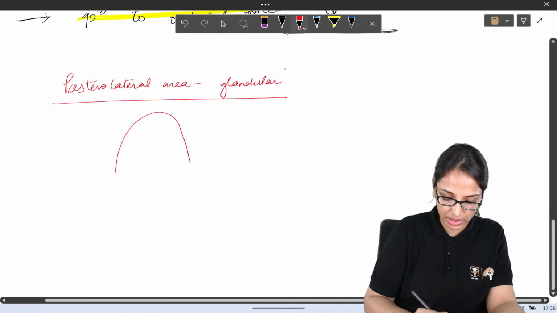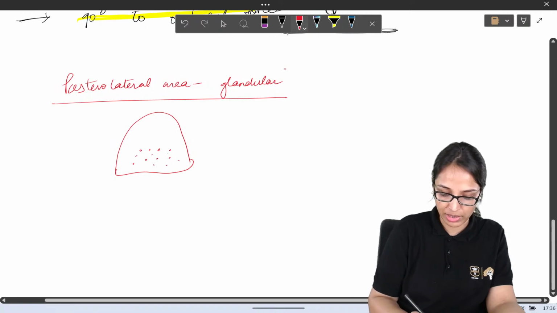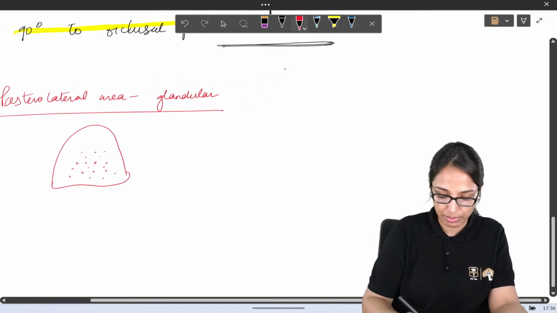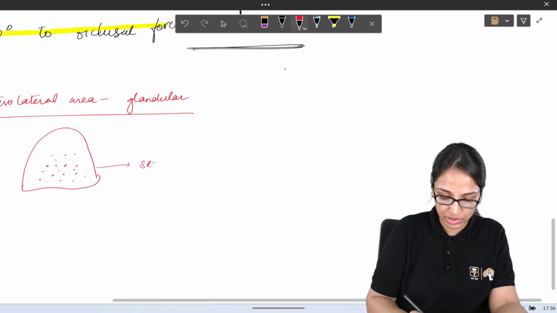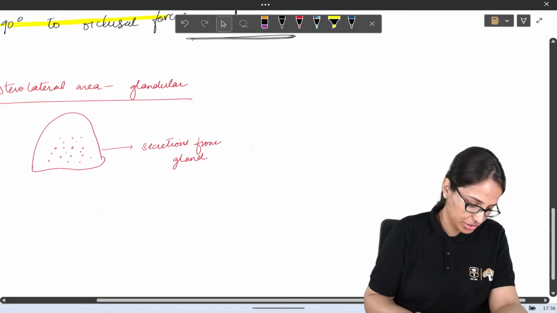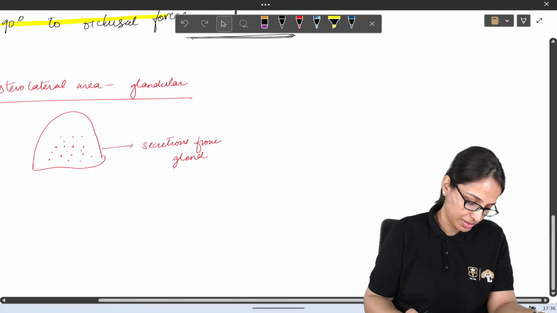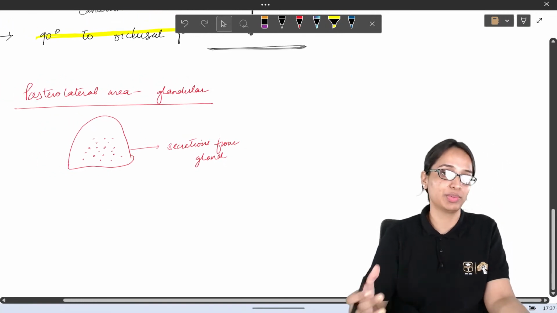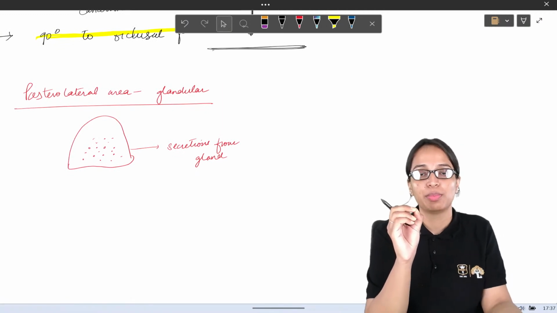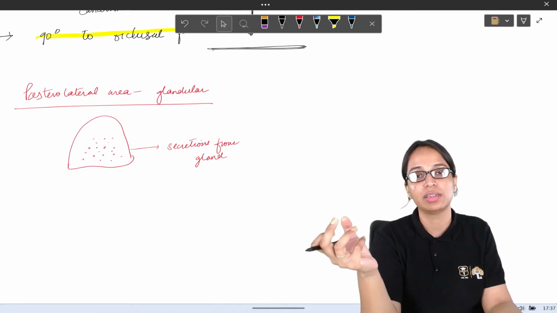If we see a maxillary impression, sometimes you will find small pores present in the posterior part of your final impression, especially with a ZO impression. The reason for this is the presence of secretions from the gland. Because there is glandular tissue present here, there will be secretions from this gland in the posterior aspect, which could lead to small pores or porosities in the posterior part of your maxillary final impression.